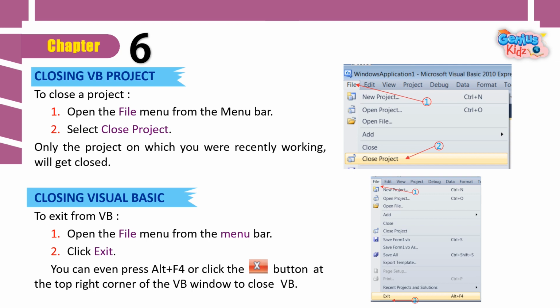Select Close Project. Only the project on which you were recently working will get closed. Closing Visual Basic. To exit from VB: 1. Open the File menu from the menu bar. 2. Click Exit. You can even press Alt+F4 or click the button at the top right corner of the VB window to close VB.